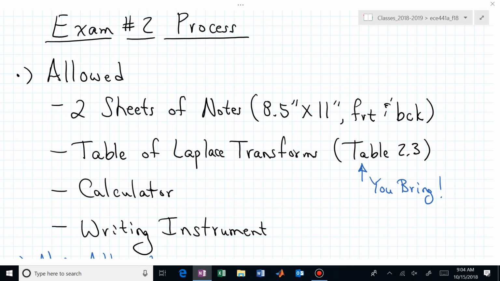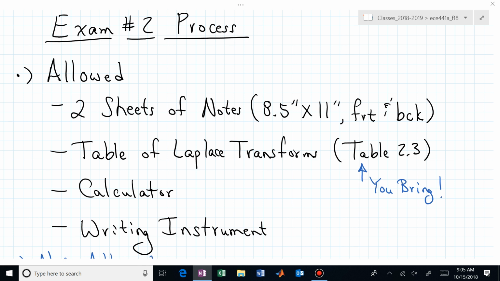Relative to exam number 2, you know the drill. There's 2 sheets of notes that you can create yourself, and you can bring one side copy of table 2.3, which deals with the Laplace transform pairs. You bring that yourself. That won't be provided, and you bring a calculator and something to write with.